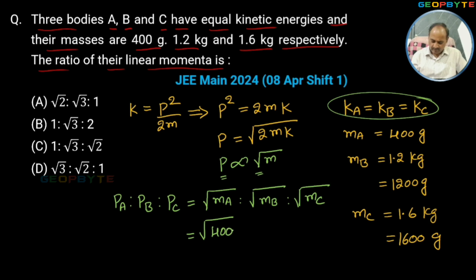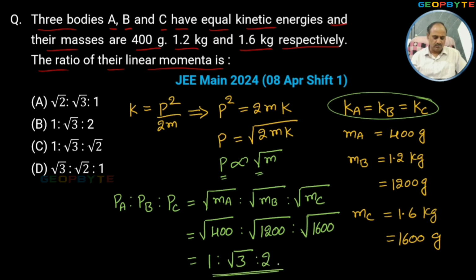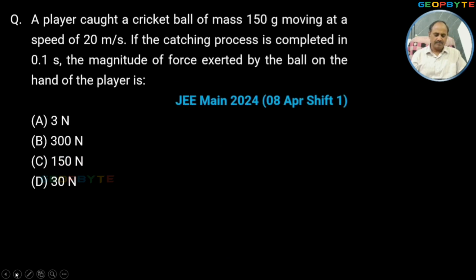Root over 400 is to root over 1200 is to root over 1600. It is equal to, simplify this, 1 is to root 3 is to 2. Look at the option B. Option B is absolutely correct. Understood clearly? Yes.